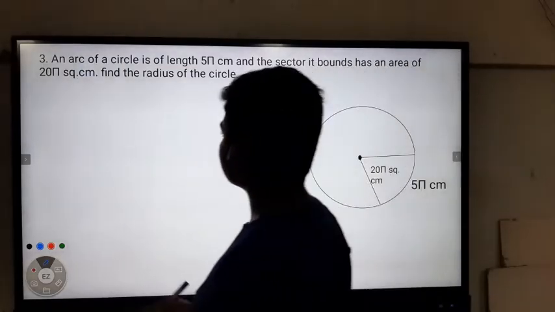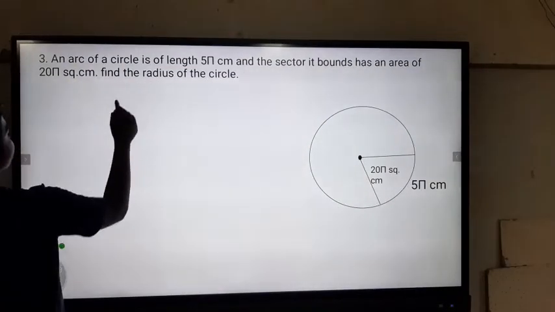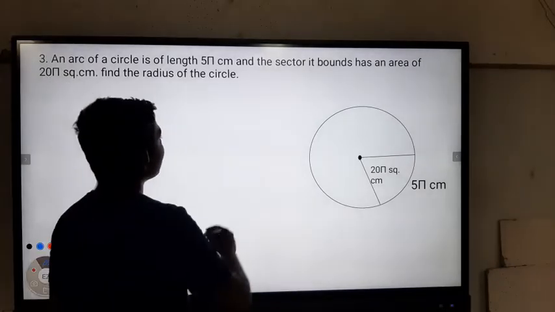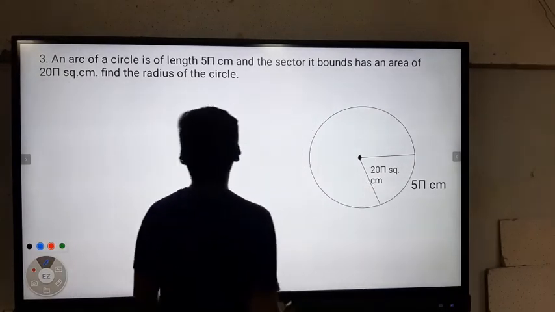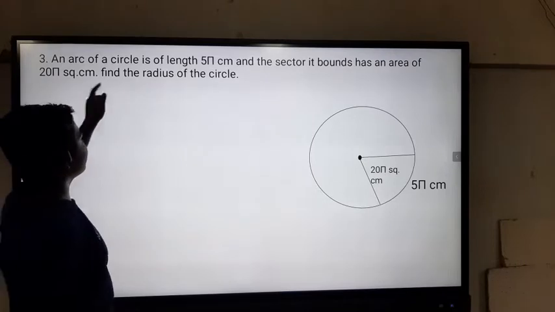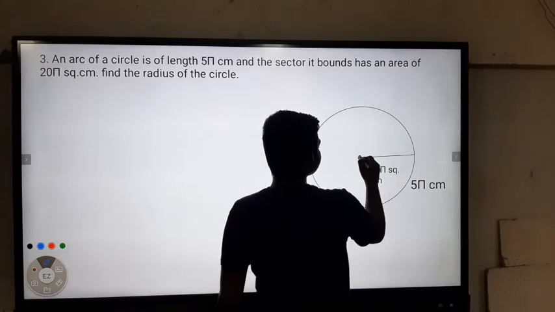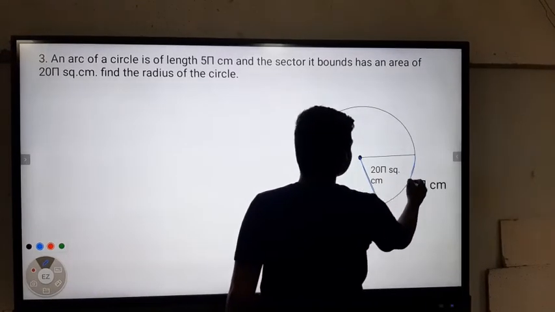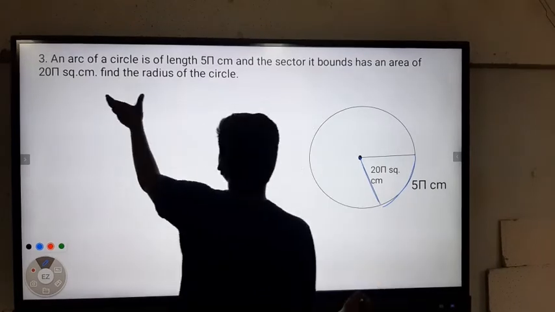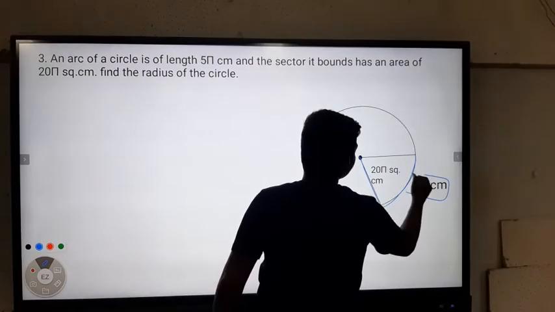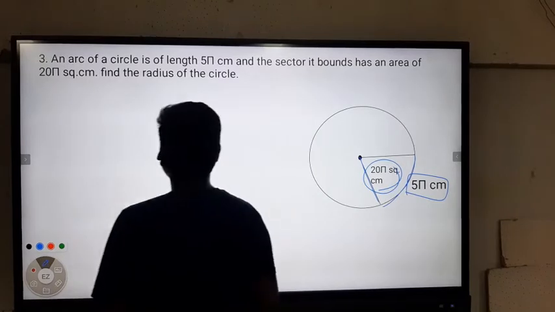So let us begin the third question. They are asking: an arc of a circle is of length 5 pi cm and the sector bounded by it has an area of 20 pi square centimeter. Find the radius of the circle. So the arc length is given as 5 pi and the area is 20 pi cm square.